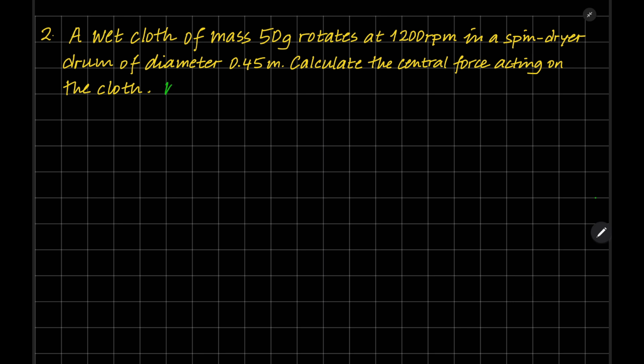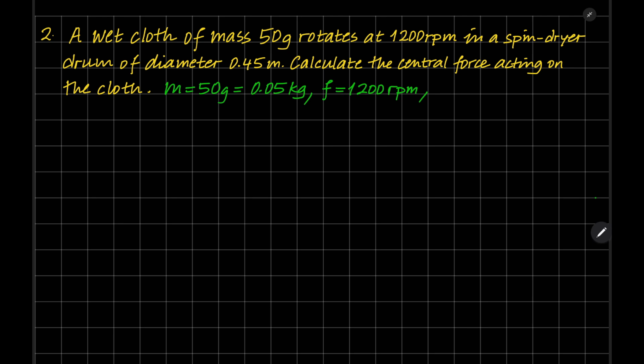The mass of the cloth is 50 grams, which we need to convert into kilograms: 0.05 kilogram. The frequency is 1200 revolutions per minute, and the diameter is 0.45.